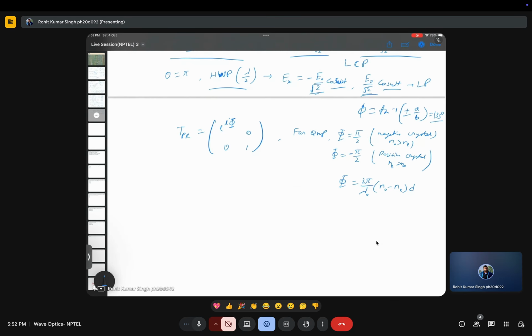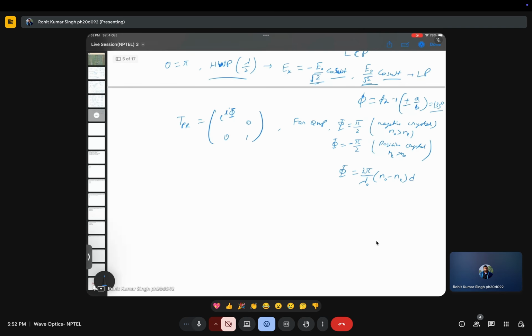Don't get confused. And so for the quarter wave plate, here we write Fy because our y-axis is the fast axis.